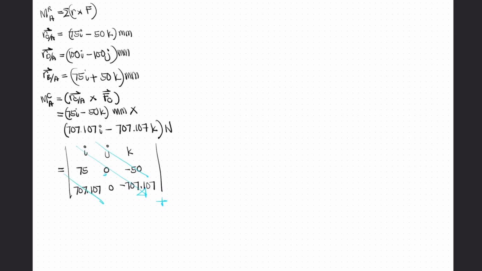Sunod, kana nga value, which is equal to negative 50 times 707 point, negative 35355.35 J. Tapos, K times 75 times 0 equals 0.